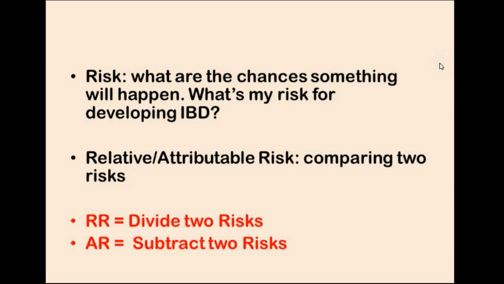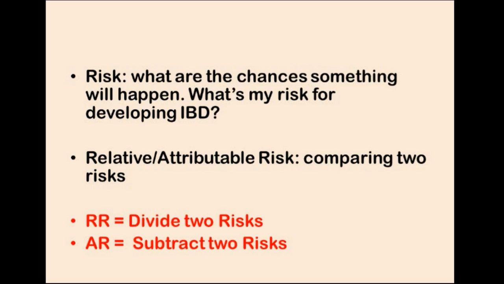Risk is when you ask yourself, what are the chances something will happen or occur? For example, you may ask, what is my risk for developing IBD? Risks can be compared. For example, somebody might have a 1 in 10 chance of developing IBD. In other words, the risk for developing IBD would be 1 in 10, which is 10%, whereas somebody who has a family history of IBD might have a risk of 5 in 10 for developing IBD.